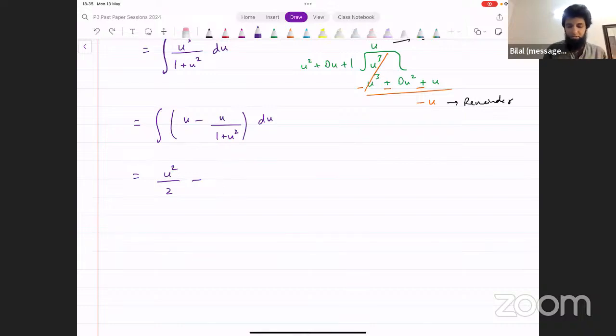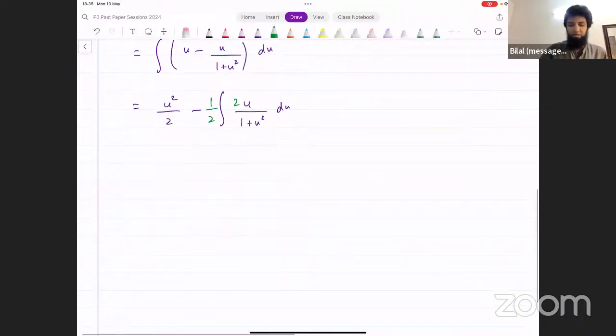You can say this is integration of u over 1 plus u squared with respect to u. The derivative of the denominator is 2 times u here. You multiply the numerator by 2, divide by 2 outside to balance that. And now this becomes u square over 2 minus 1 over 2 into ln of 1 plus u squared.